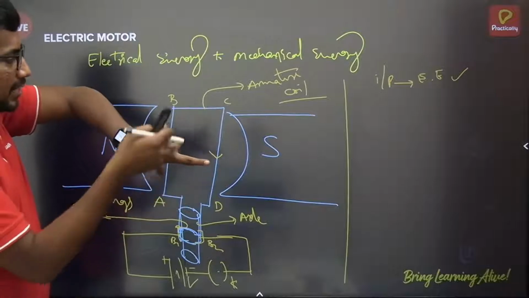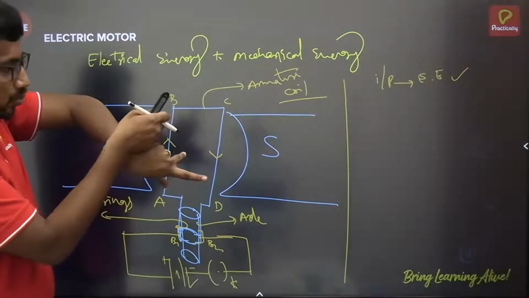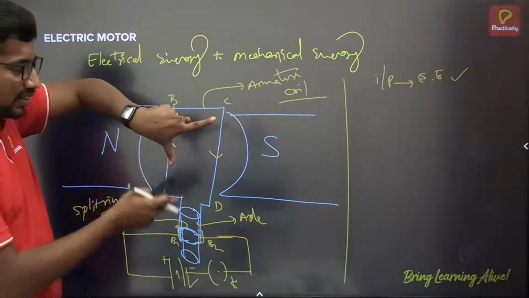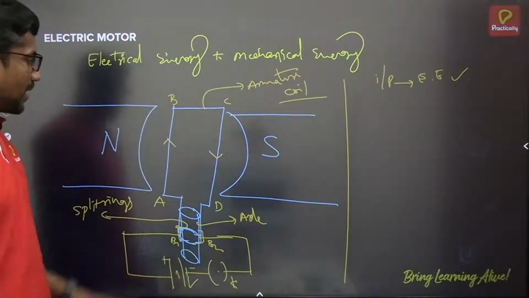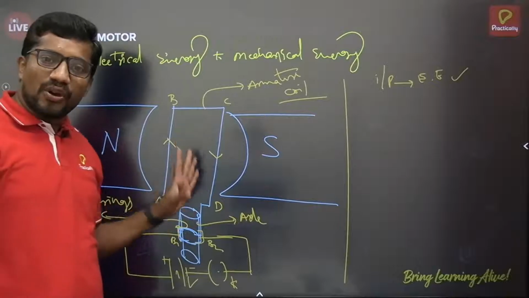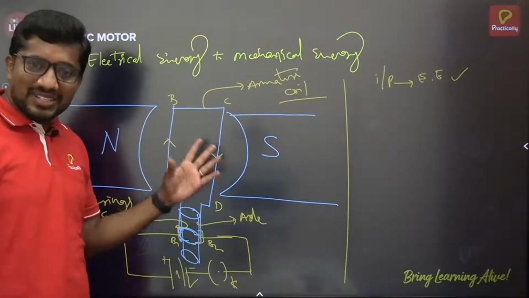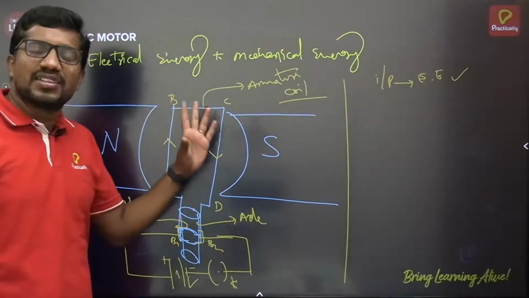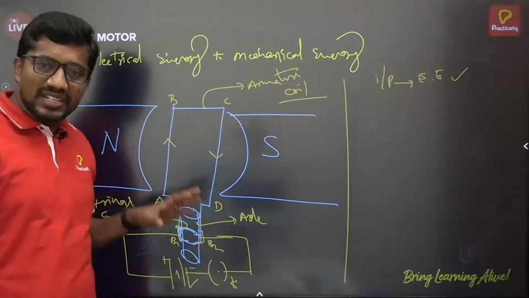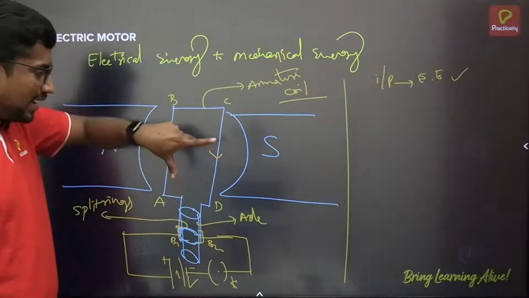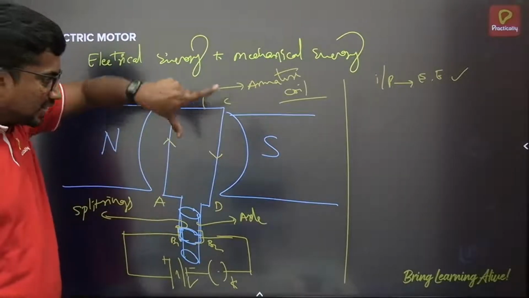The center finger I kept pointing towards the plane. Then my thumb is showing downward. So when electric current flows through this coil, that is the conductor, as it is placed in the magnetic field, it experiences a force, in this particular case downward.